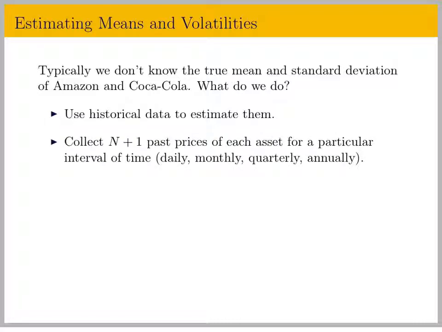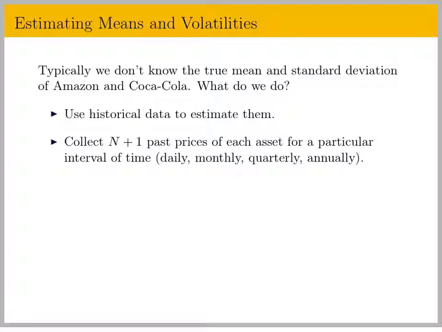So what we can do is collect, if we want to use n returns to estimate the mean and the standard deviation, then we need to collect n plus 1 past prices to compute n returns. Now, I haven't said anything about time scale here. It depends on what type of return distribution we want to estimate. Do we want the distribution for daily returns, for monthly, for quarterly, or annually, or some other time period, hourly, or by the second?